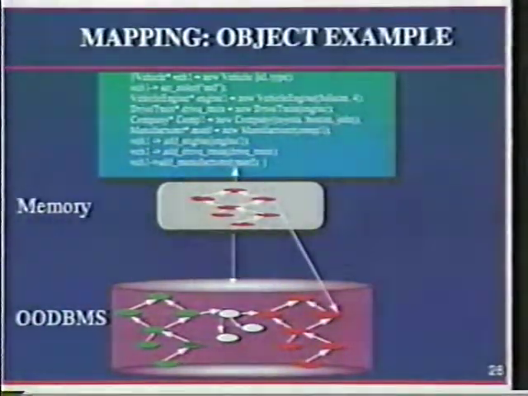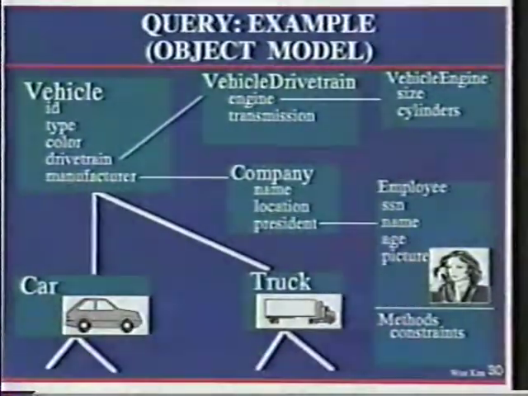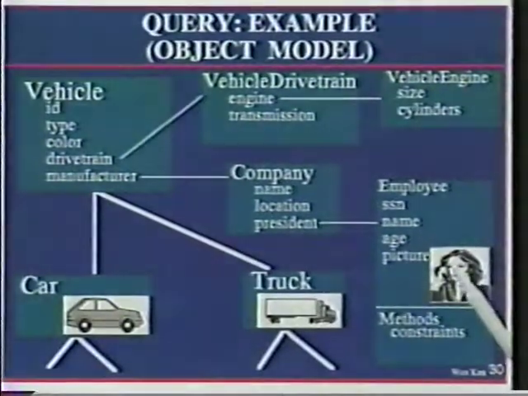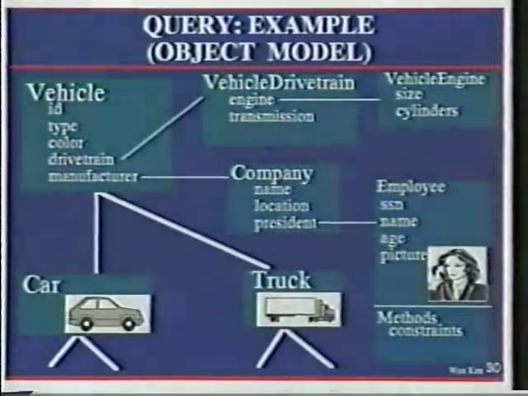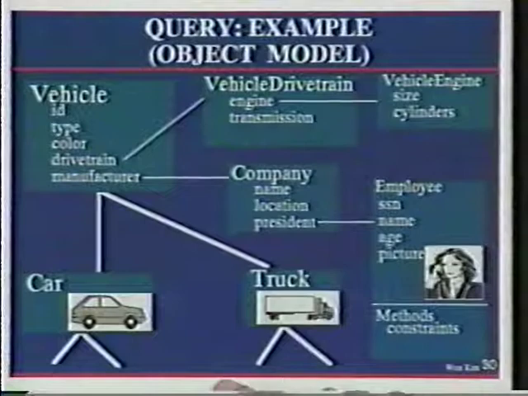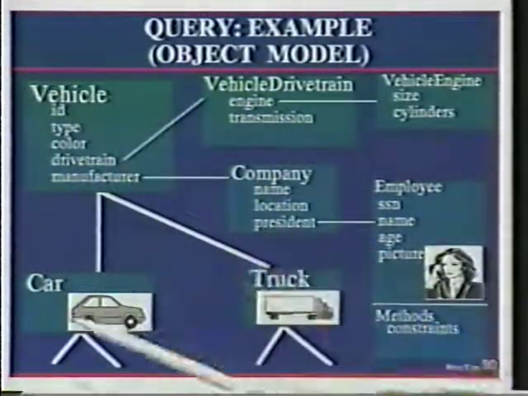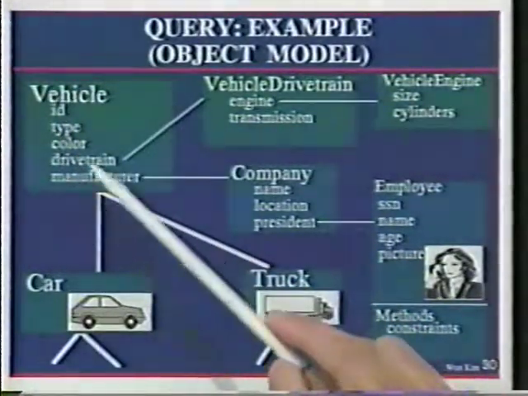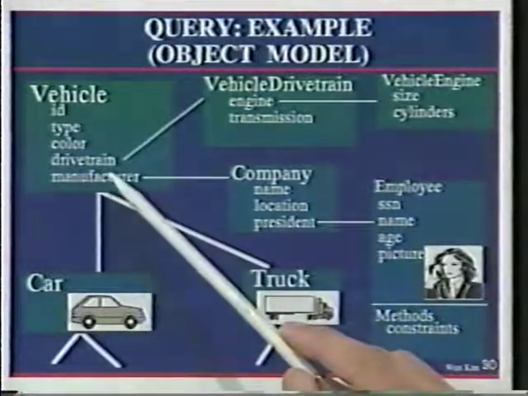The next example that I would like to talk about in terms of the differences between object-oriented databases and relational databases is the query example. In object-oriented databases, we have an object model. So the object model for our vehicle case looks something like this, where we have a vehicle here, and I have not shown the behavior, I have only shown the structure of the object.